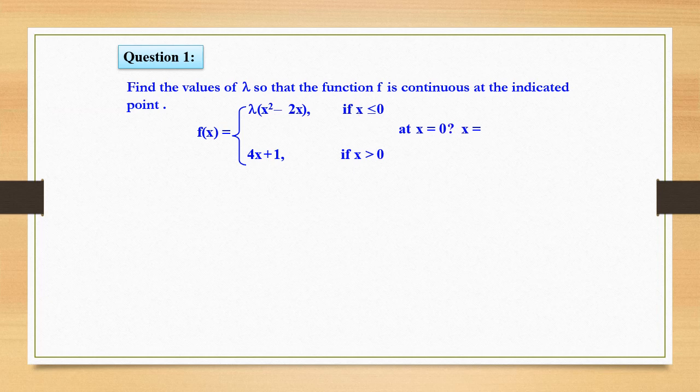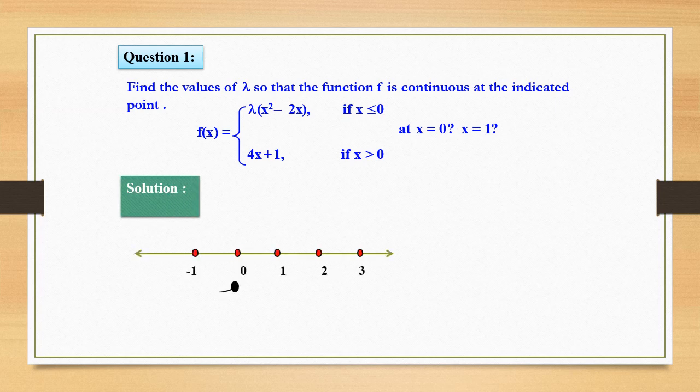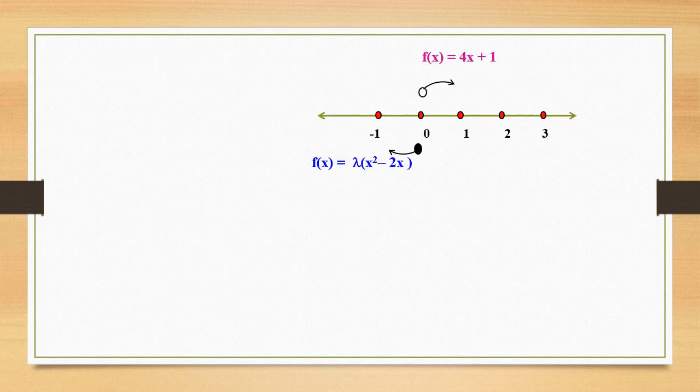We need to find the value of lambda, and also we need to check whether the function is continuous at x is equal to 1. Solution. So now we can observe from the given function that the value of the function when x is less than 0 is lambda into x square minus 2x, and when it is greater than 0 the value of the function is 4x plus 1. So we will check the continuity of the function at 0.